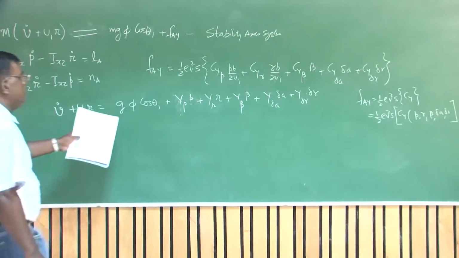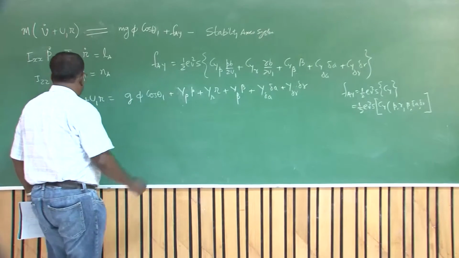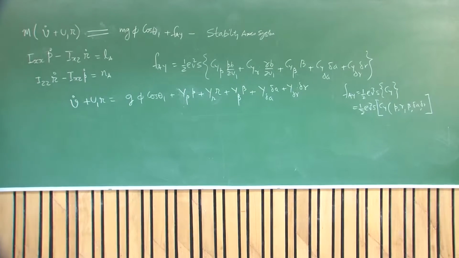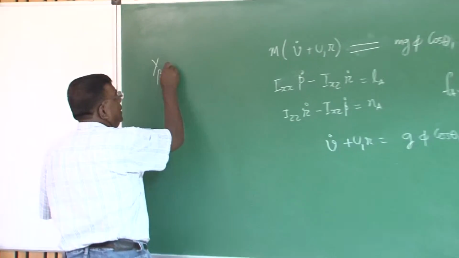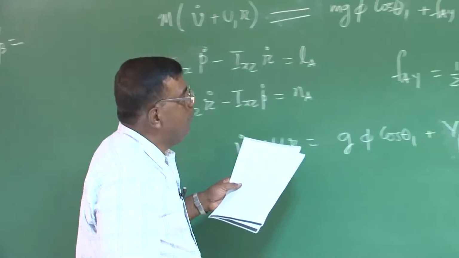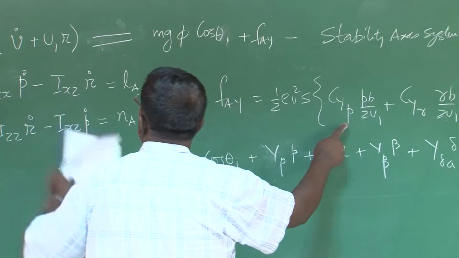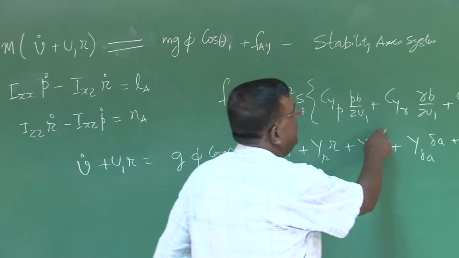So this is the form the equations are taking, and if you want to see yourself what will be the value of Y beta, instead of FAY, I will write this expression divided by M. So beta is here.